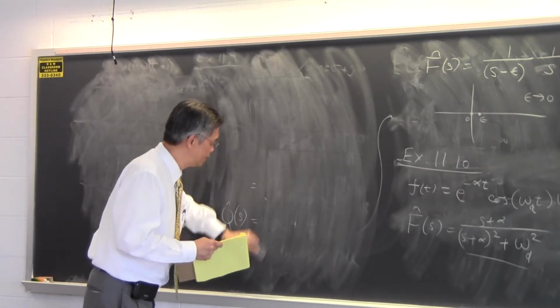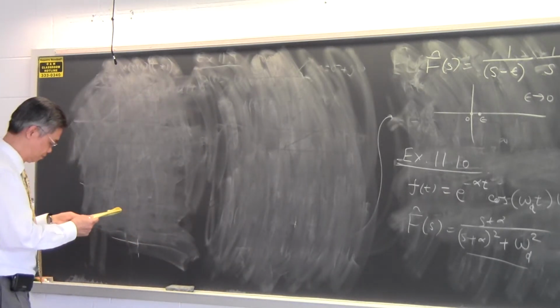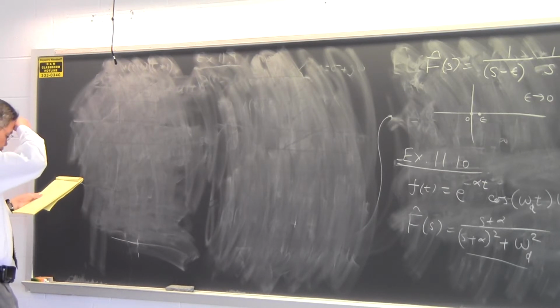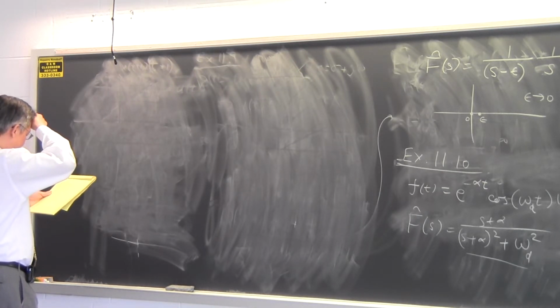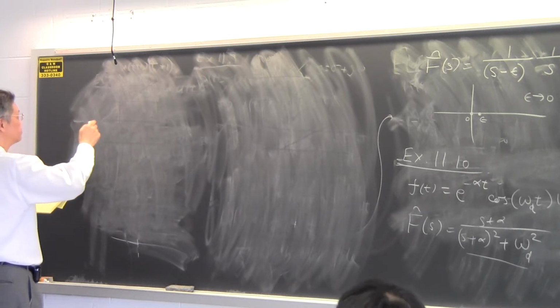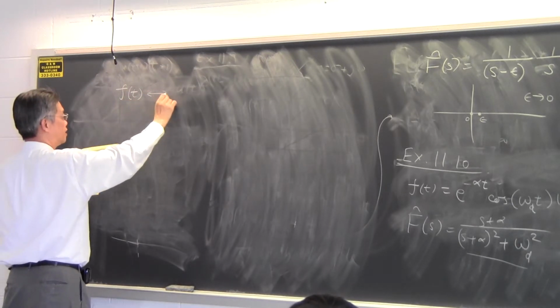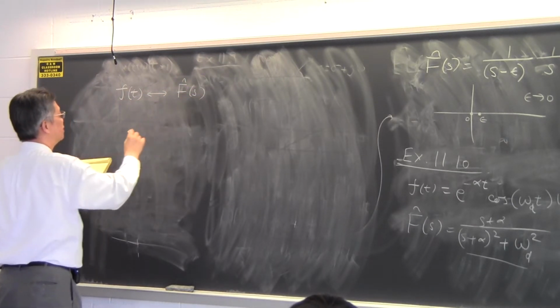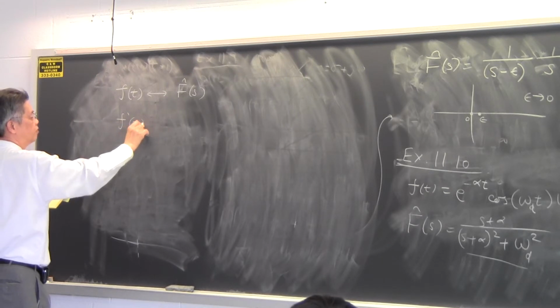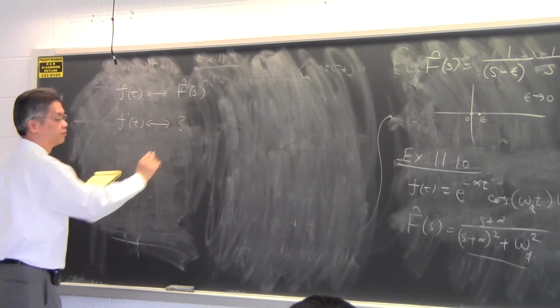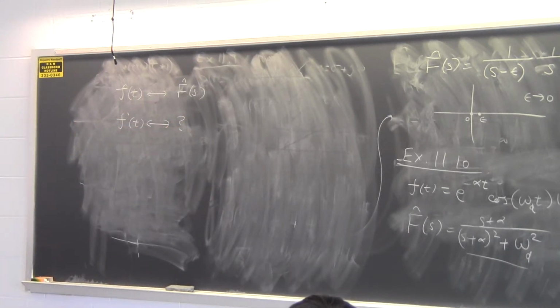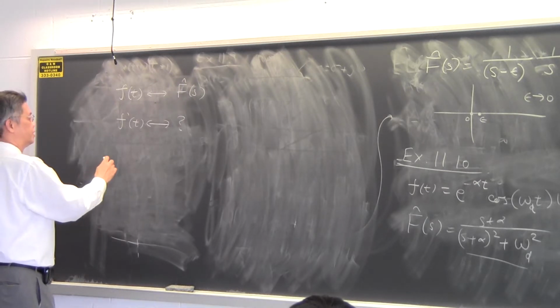And this is actually quite different from that of Fourier transforms. So if we have a function f of t with Laplace transform f hat of s, what does the derivative f prime of t Laplace transform to?